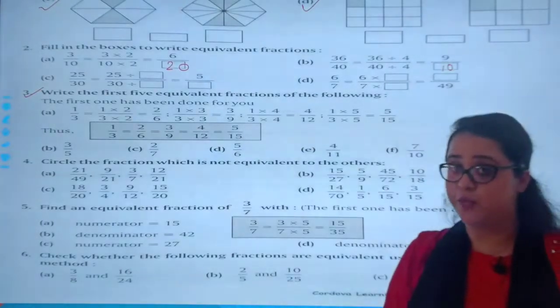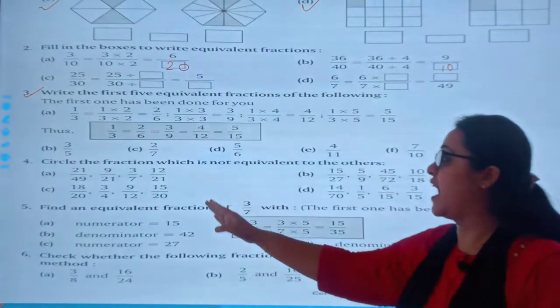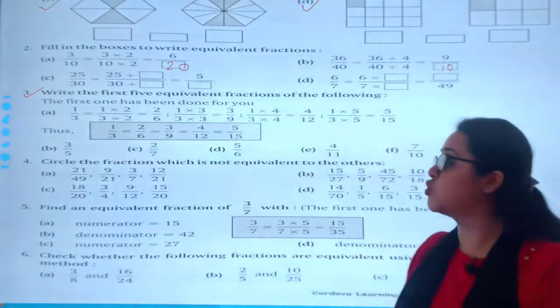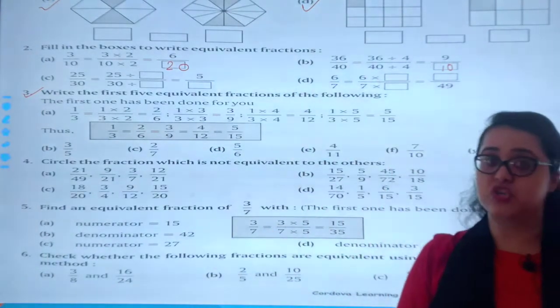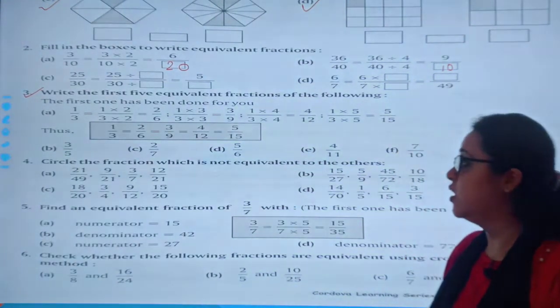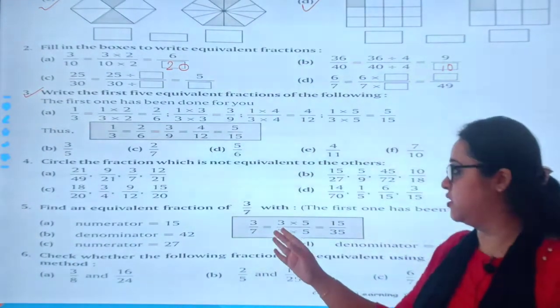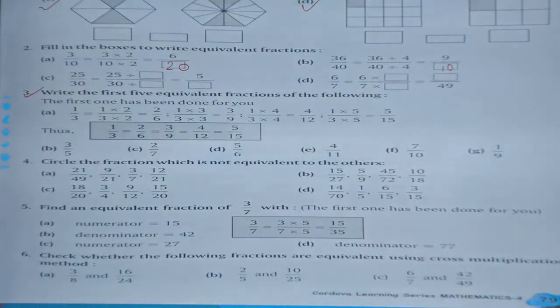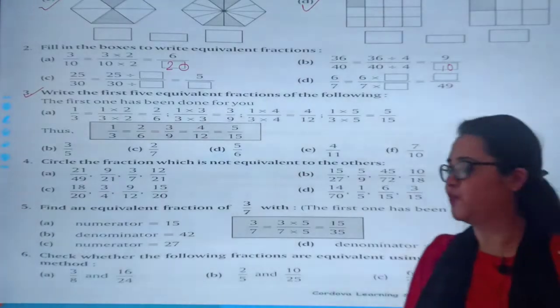In question number 4, circle the fractions which is not equivalent to other. You are supposed to circle the fraction in question number 4. In question number 5, find an equivalent fraction of 3 by 7 with the first one as done for you.